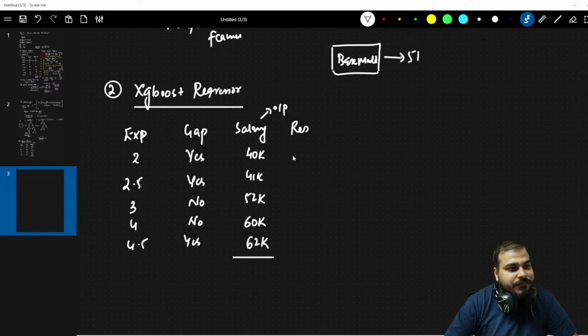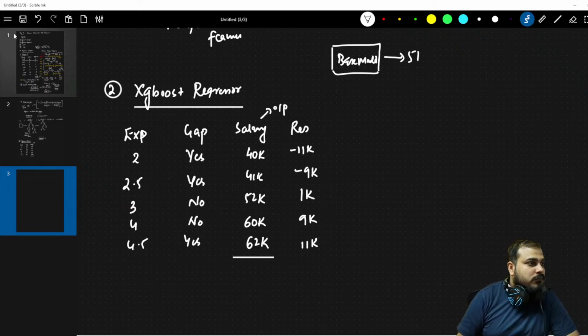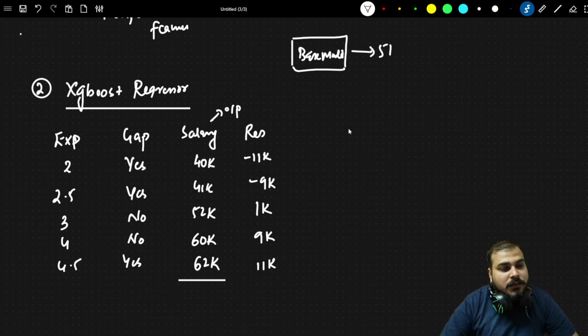So here is my residual. Here it is 40 minus 51, that is minus 11K, and minus 9K. This is 1K, this is 9K and 11K. It's fine. So now I will take up my first node.